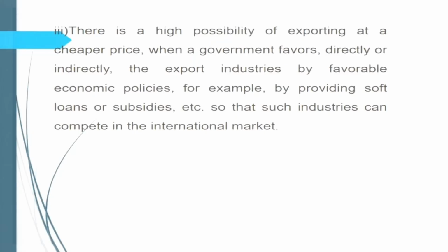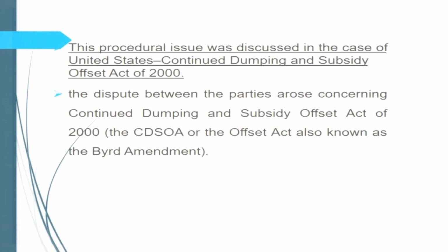Now, correlate this with the features that we discussed in the last few lectures, how we determine a subsidy: it is a form of financial contribution, directly or indirectly. So here these are the indirect forms of financial contribution being provided. That is meant intentionally to compete in the international market.